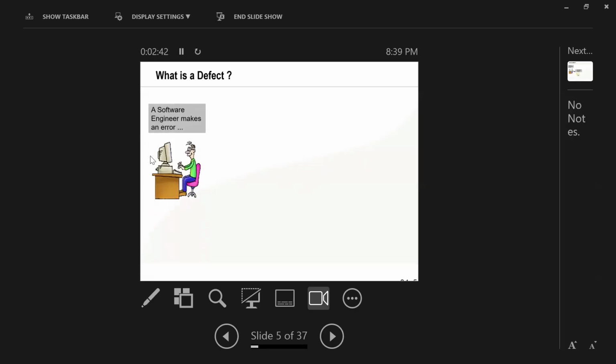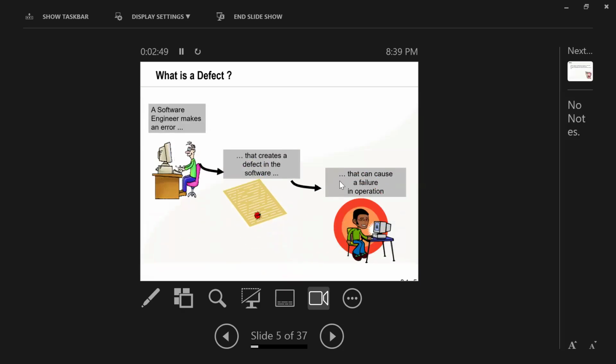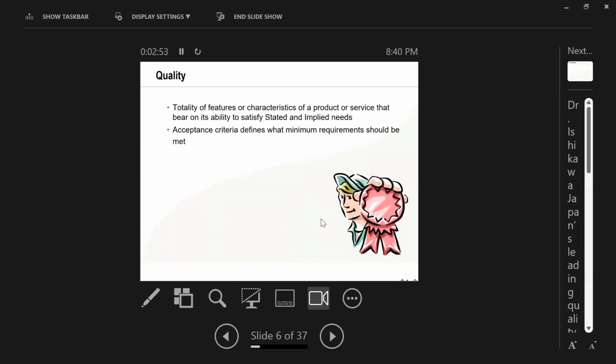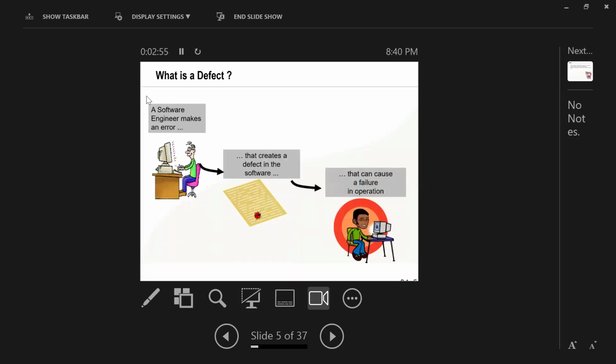A software engineer makes an error that creates a defect in the software that causes failure in operation. You understood, right? Whoever is developing makes an error that creates the defect in the software. We need to identify that. That is our job, to identify the defects as a tester.